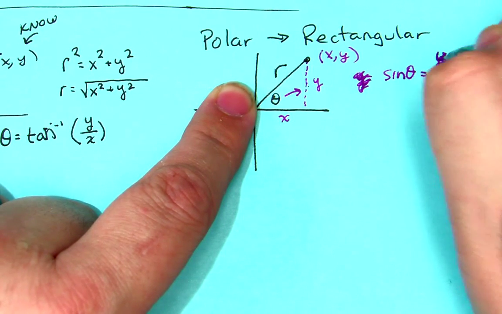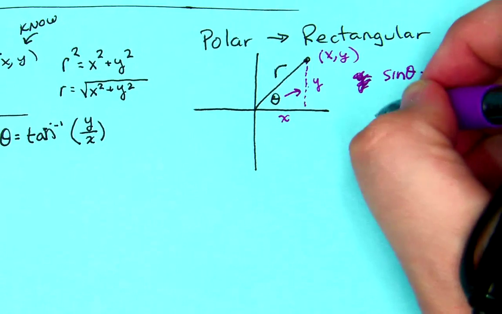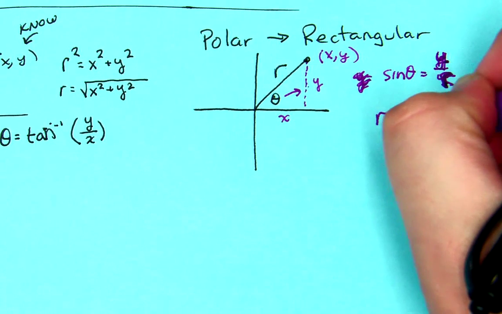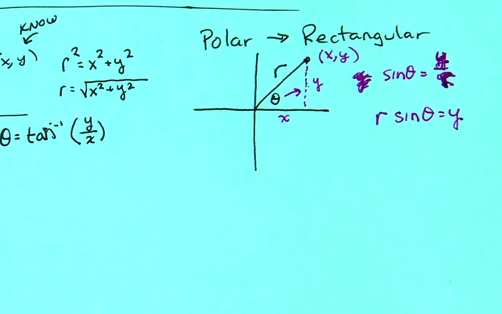That's the hypotenuse. That's the side. Multiply both sides by r. You get r times the sine theta is equal to y. Alright, production value on this one's pretty low.